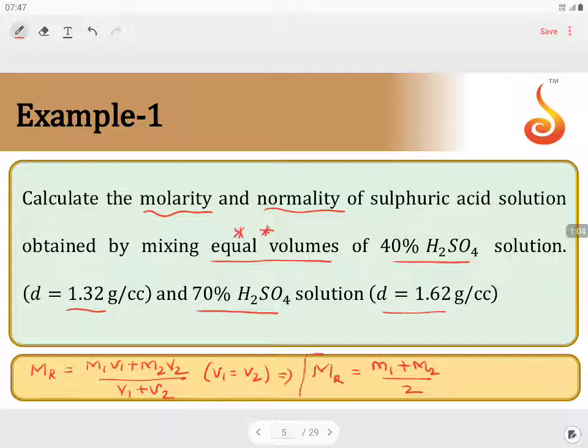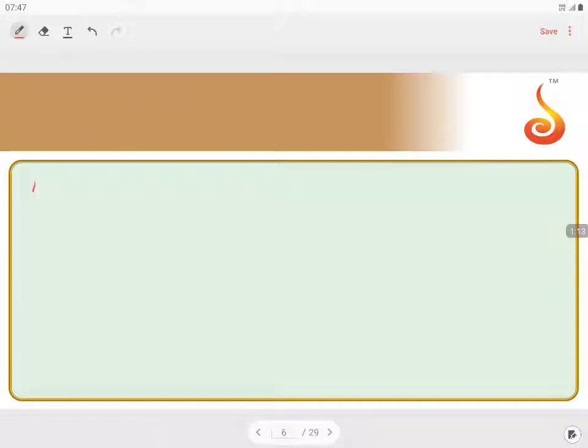So this is our hint in the question for how to solve this. Let's solve the data first. Let us find M1. M1 is equal to percentage weight by weight into density into 10 by molecular weight of solute.